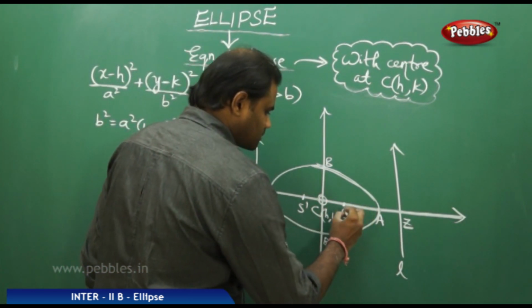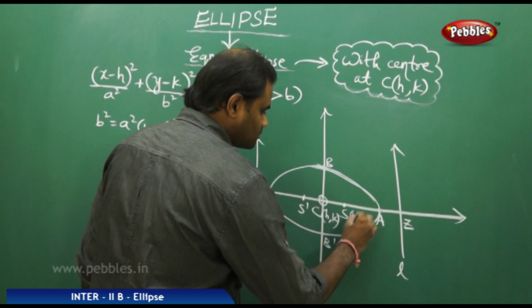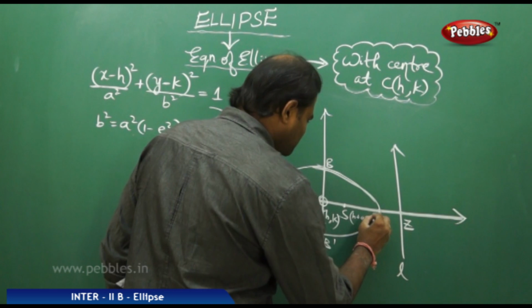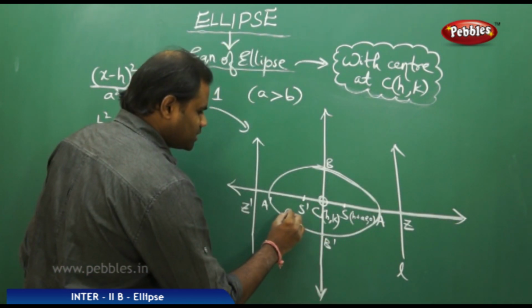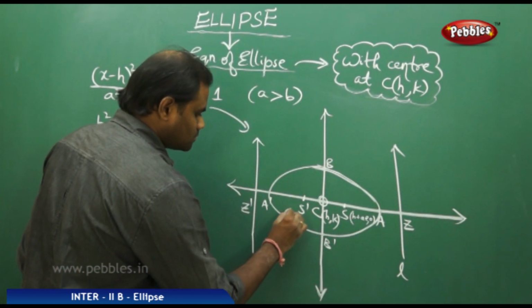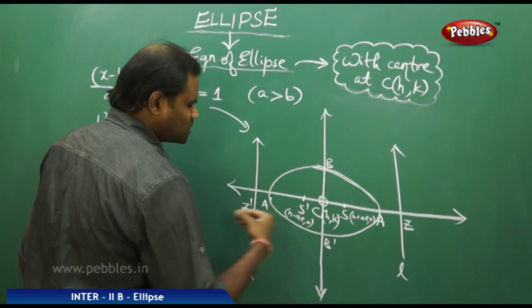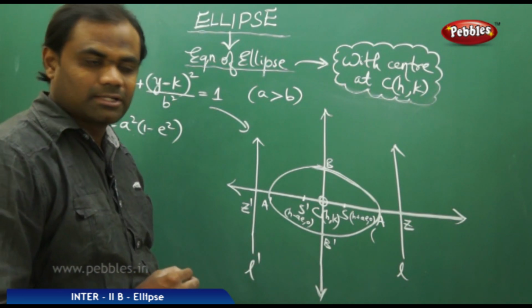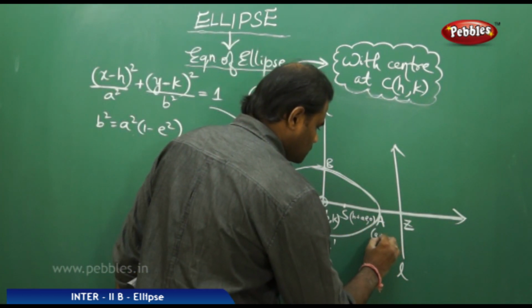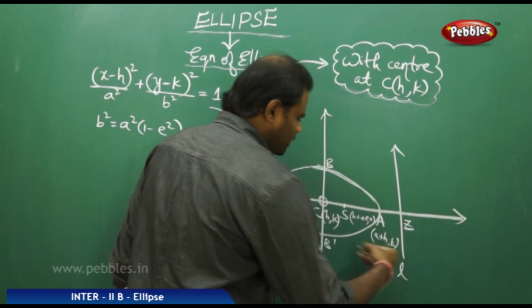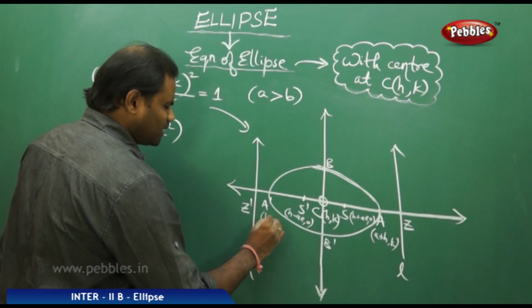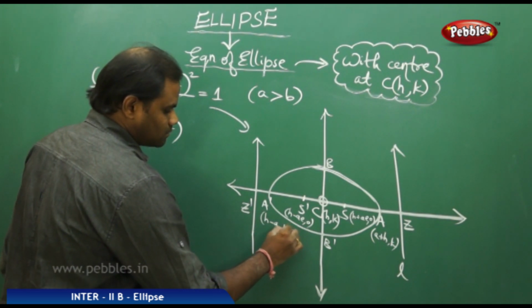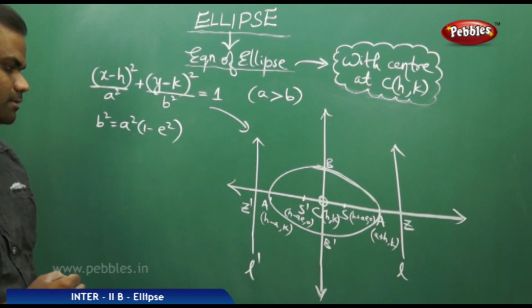The focus S is (h plus a, 0), and S dash is (h minus a, 0), and a, 0 changes to x minus h. So we get (h plus a, k) and (h minus a, k).